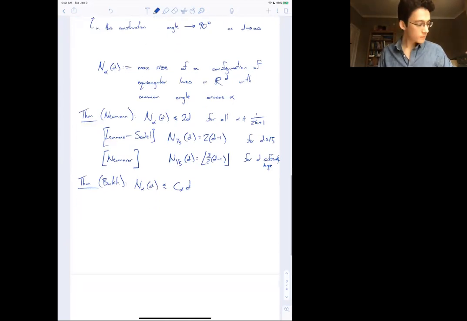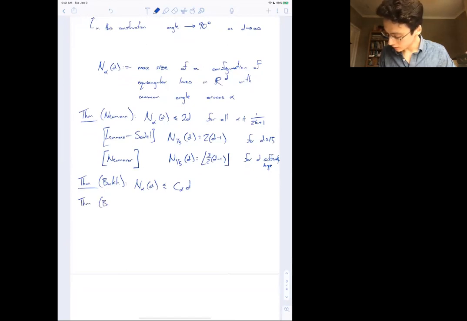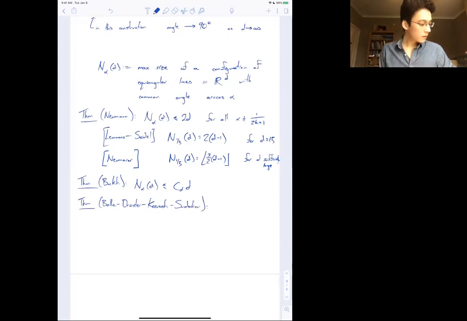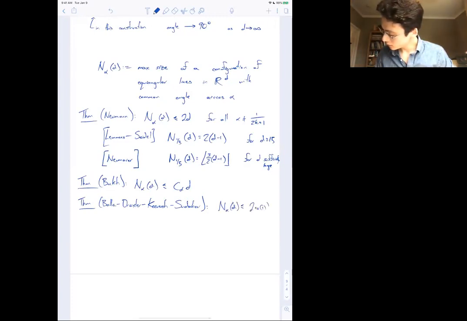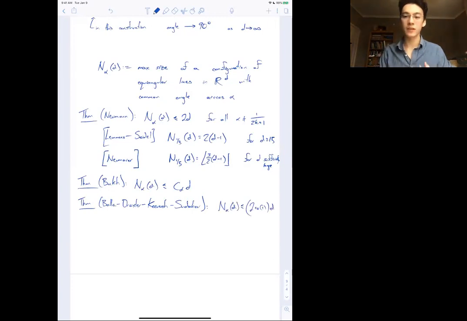So this was followed up by a very nice work of 4 people, Balla, Dräxler, Keevash, and Sudakov, who showed that n alpha of d is actually always bounded by 2d for sufficiently large d.